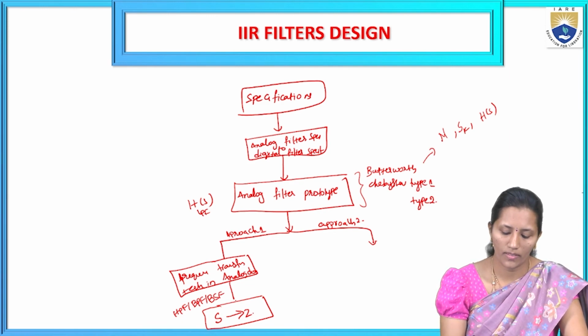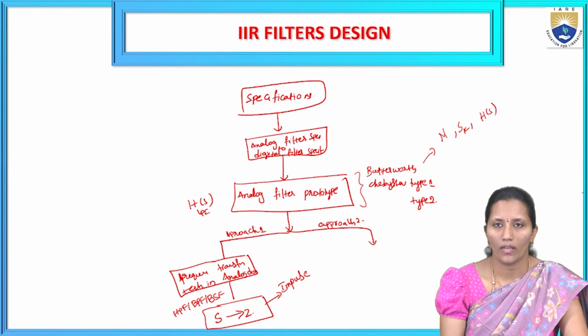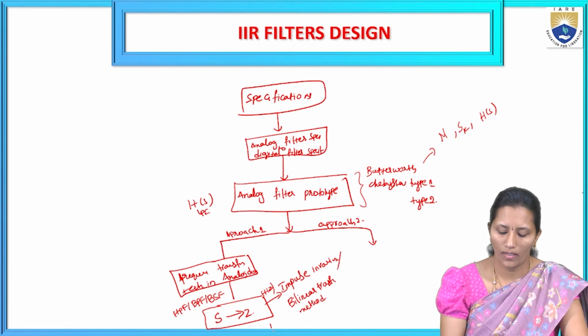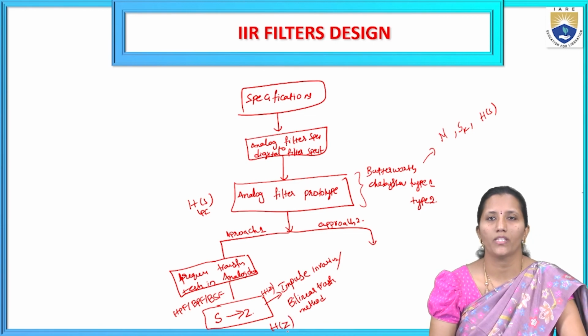Then here we are going to apply the S domain to Z domain conversion, to get the digital filter transfer function from H of S. Here we are going to use the impulse invariant method and the bilinear transformation method to convert H of S into H of Z. So finally we are going to design H of Z from the specification.